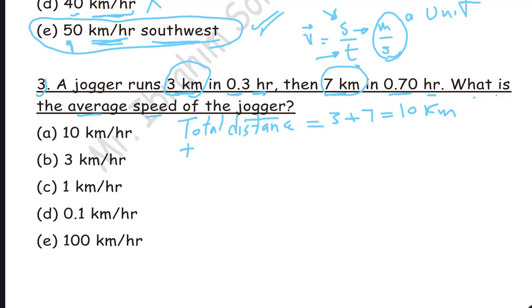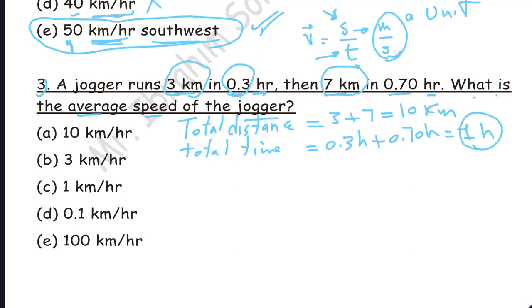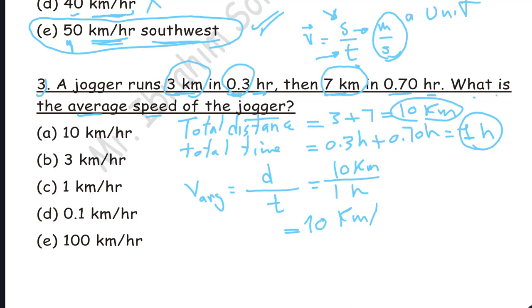And let's calculate the total time. 0.3 hour plus 0.70 hour equals 1 hour. So average speed equals distance over time, 10 kilometers over 1 hour, which yields 10 kilometers per hour.